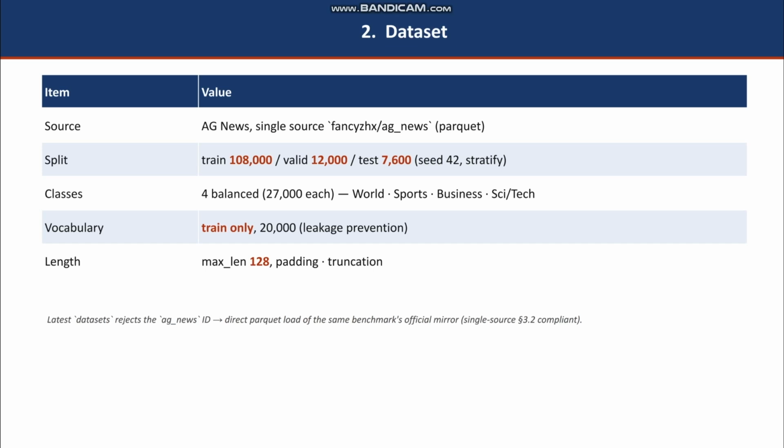From the 120K training set, I split 10% for validation with seed 42: 108,000 training, 12,000 validation, and 7,600 test.